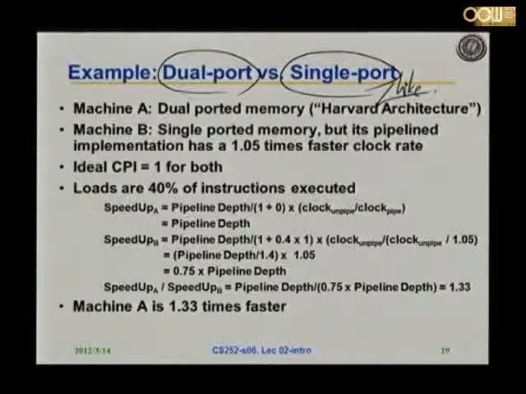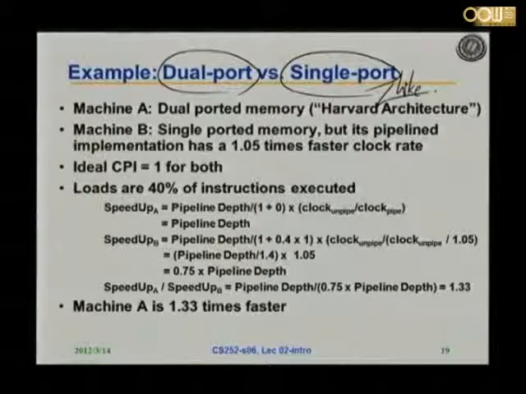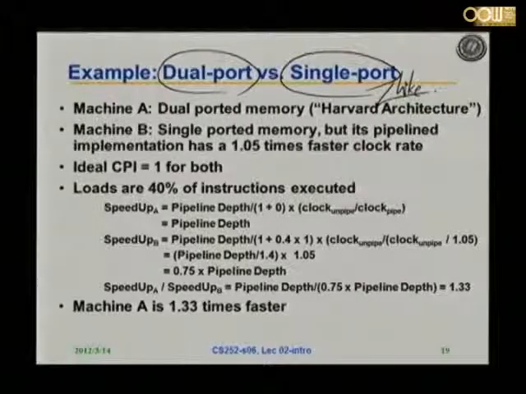But in our case, yes, we do have 2 caches, but the main memory is still unified for instruction and data. So it's never real Harvard architecture, but it's Harvard-like.